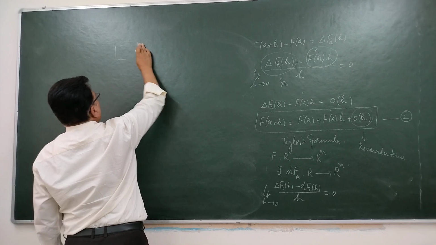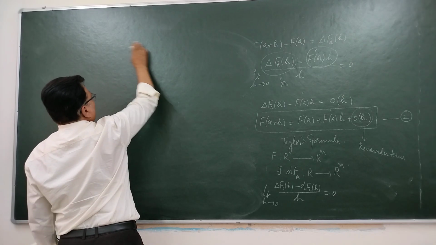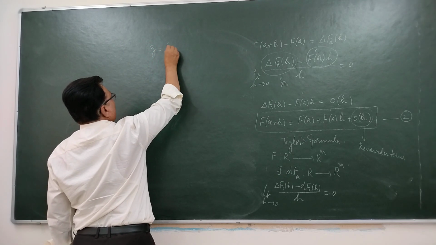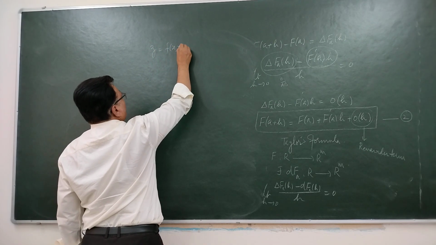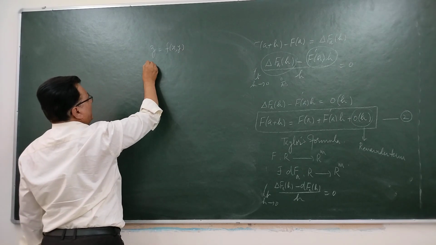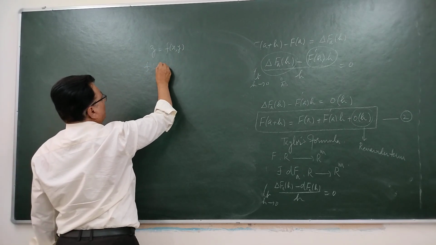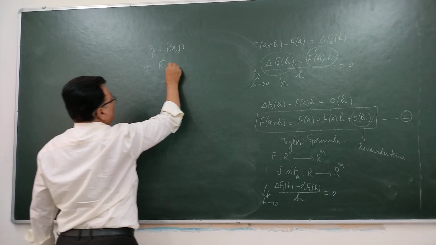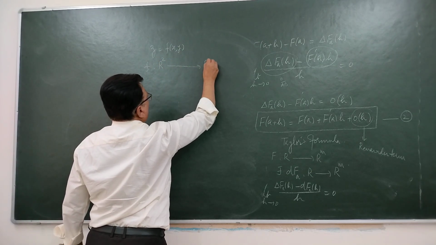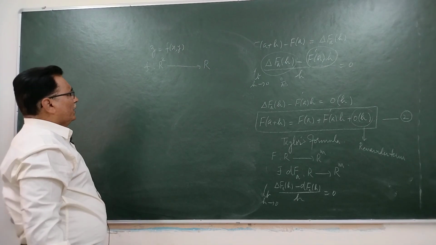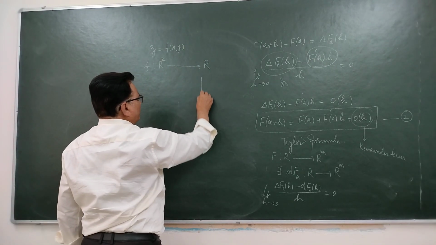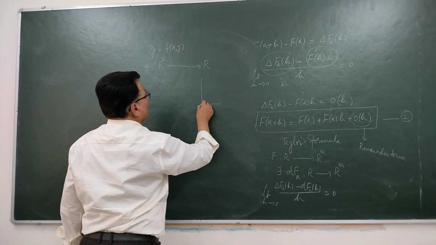What you do is you consider a surface. So suppose I have a surface z equal to f(x,y). That means I am considering a function f from where to where? From an open subset of R2 to R. Now if you look at the graph of this function, it will be drawn in R3.